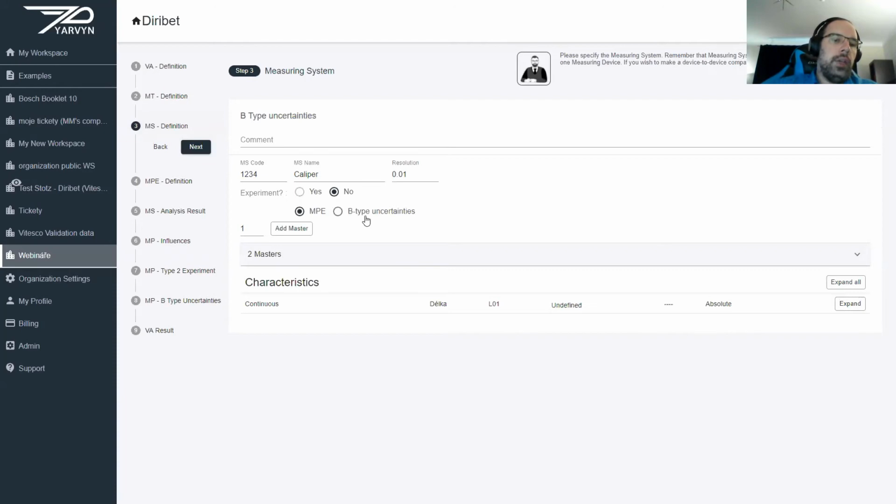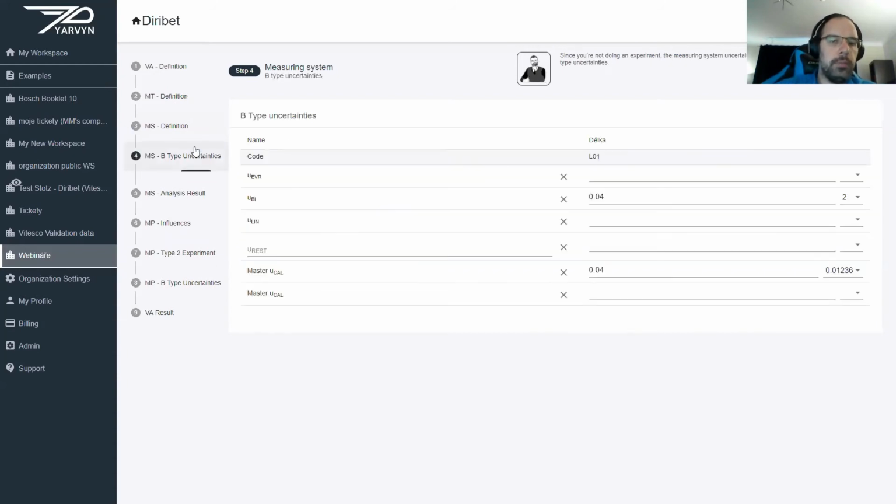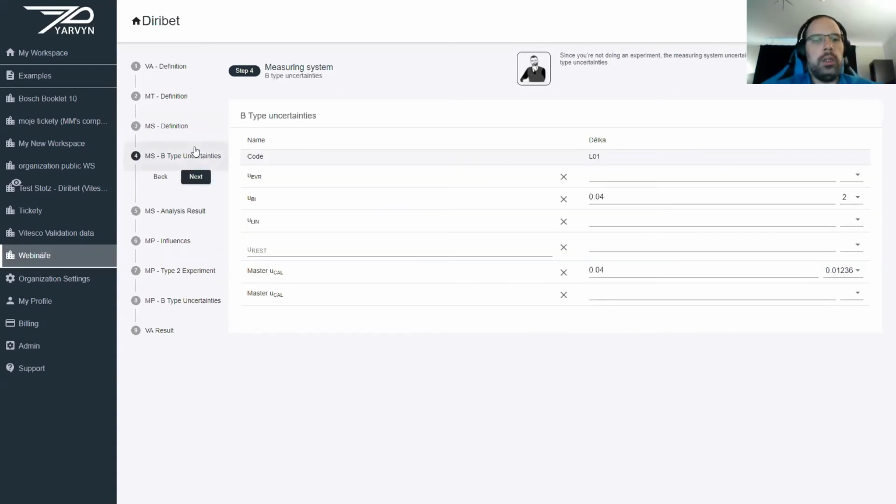And the second way is to make an assumption about the B-type uncertainties. Also, there is no experiment, and you can fill in all the uncertainties you have. In my case, they are the basic ones.